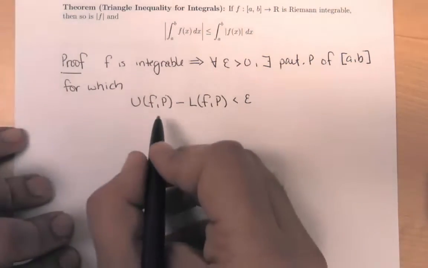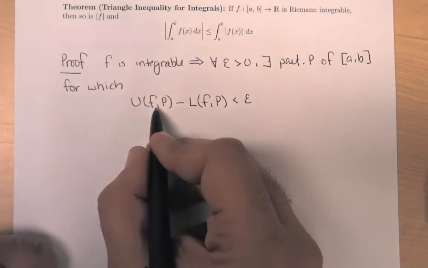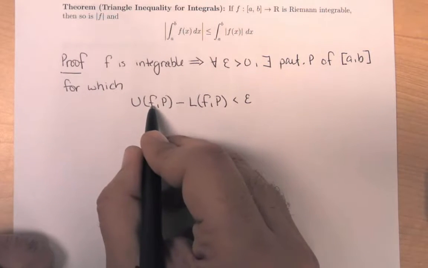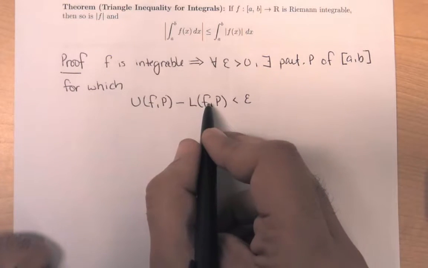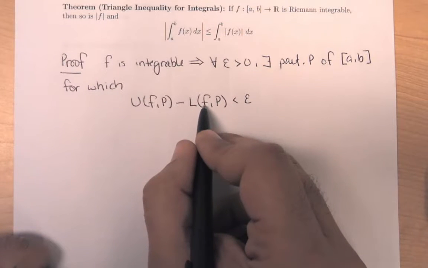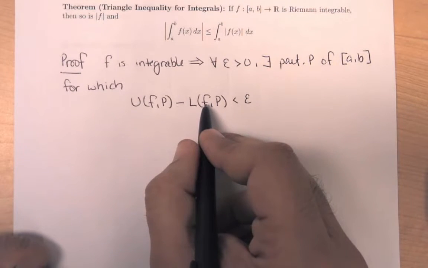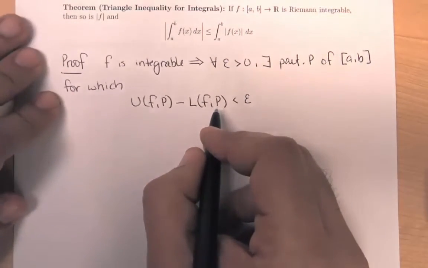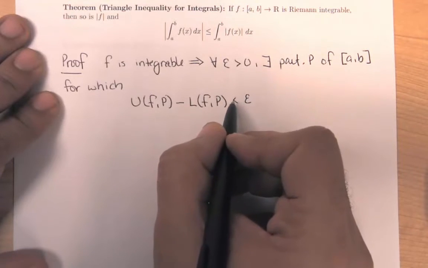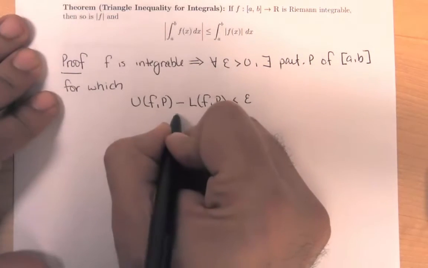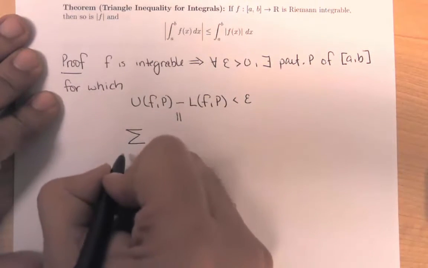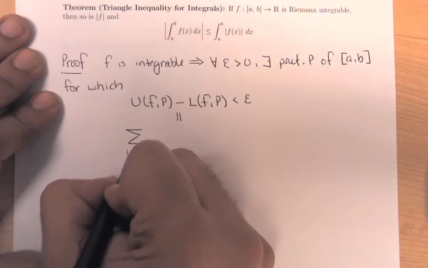Remember what the upper sum is, right? The upper sum is the sum of rectangles whose heights are the supremums of f in each subinterval. The lower sum is a sum of rectangles with the same width, but the heights are the infimum of f in a subinterval. This statement can be rewritten as a sum of differences of heights.